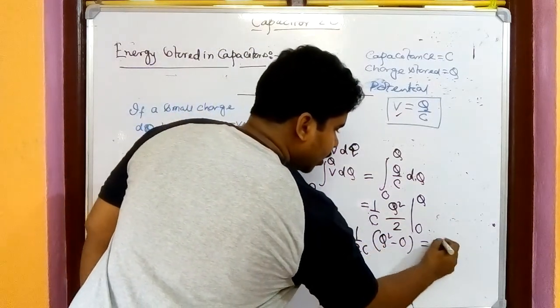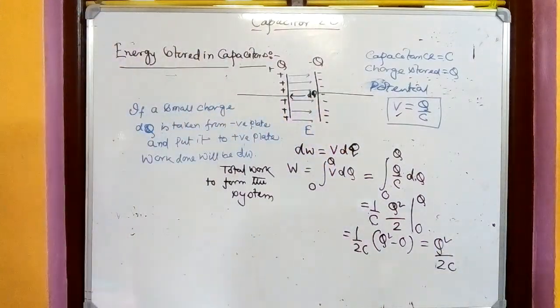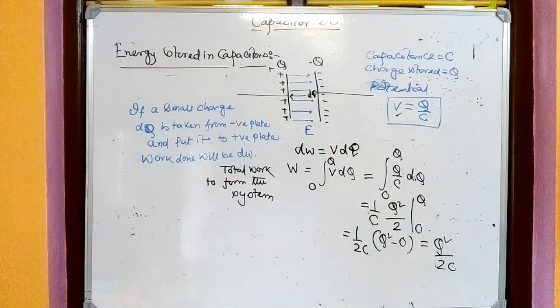That means Q square by 2C. So that much work you have to do to form the capacitor with the charge, that is Q square by 2C.